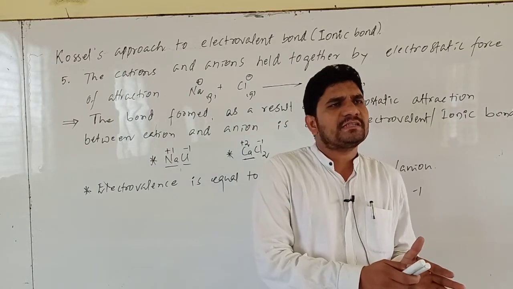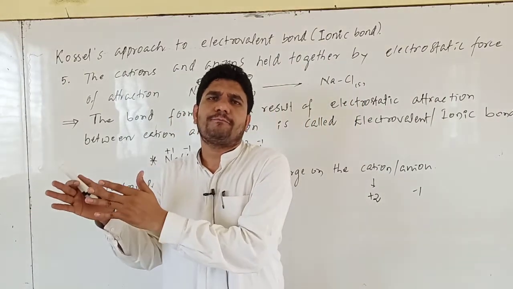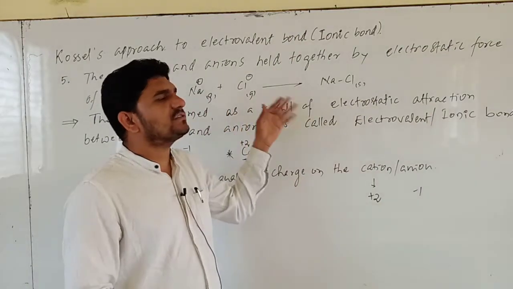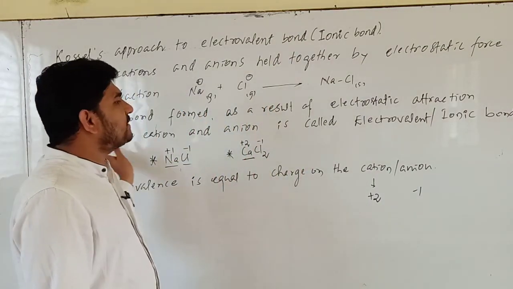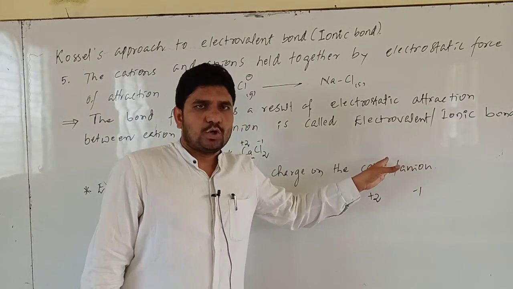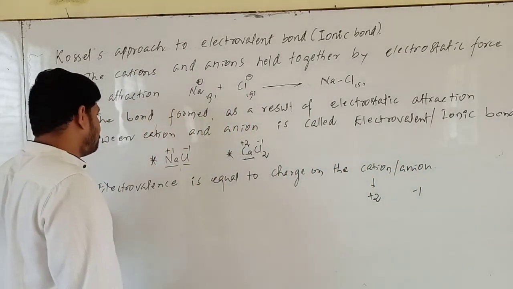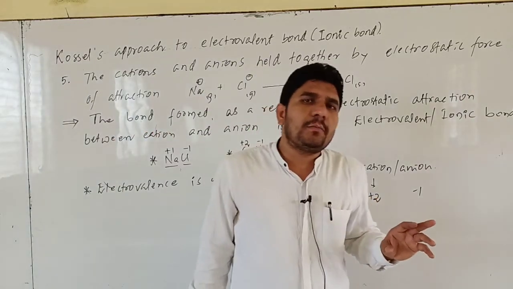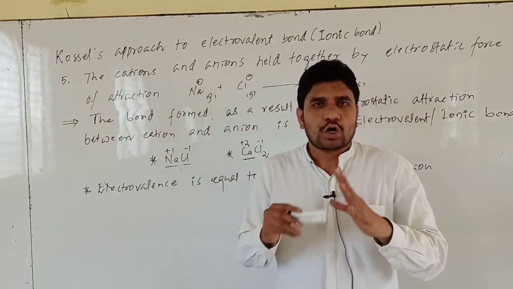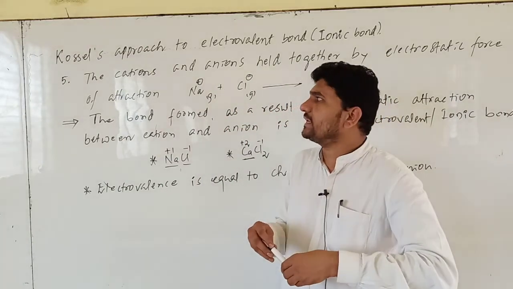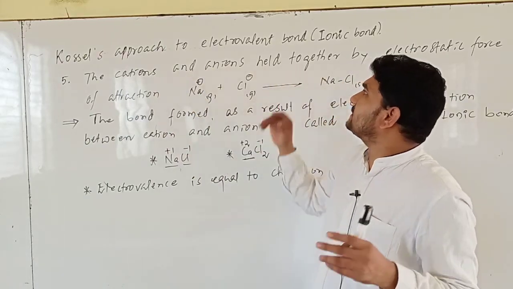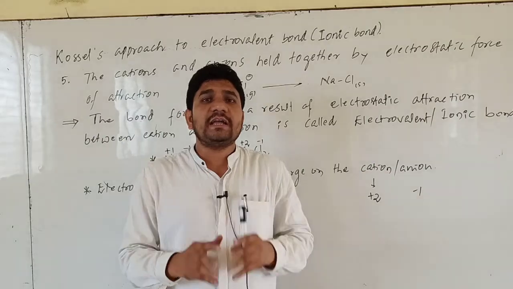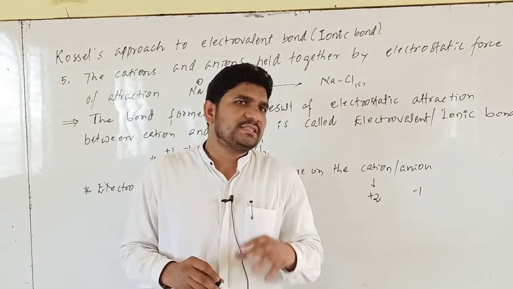That is, 17th group elements and first group elements are separated by 18th group elements. Second, cation is formed by loss of electron. Third, anions are formed by gain of electrons. Fourth, the cations and anions formed are highly stable due to their octet configuration. And the fifth and last postulate is that the cations and anions are held together by electrostatic force of attraction.